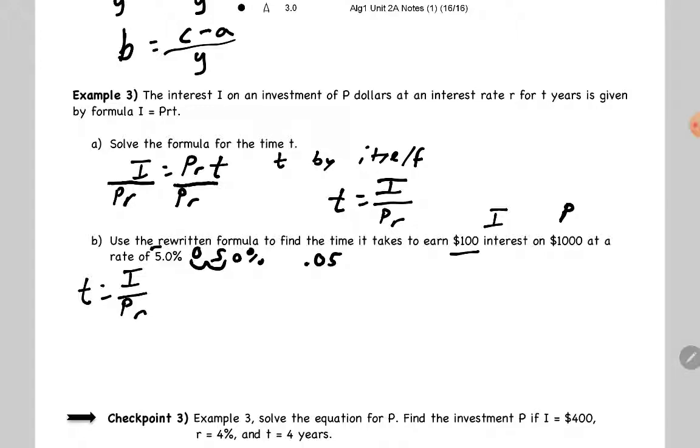Okay? So the time it takes to earn $100 from my $1,000 investment at a rate of 5% is equal to, calculator.